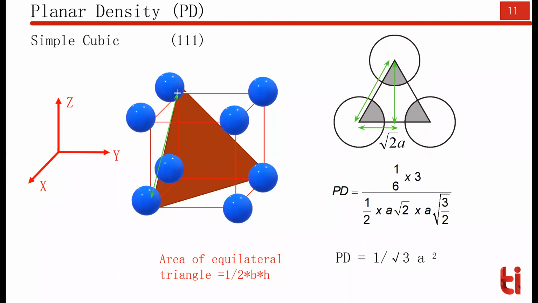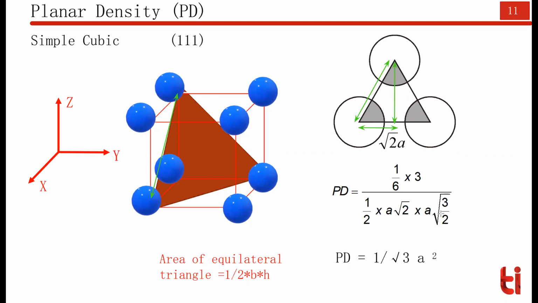So we know the side edge, which is root 2a, and the half of the base as a by root 2. From this, if you use the Pythagoras theorem, you can find out the height of the triangle. That will come out to be under root 3 by 2a.